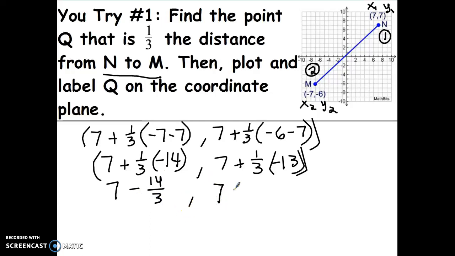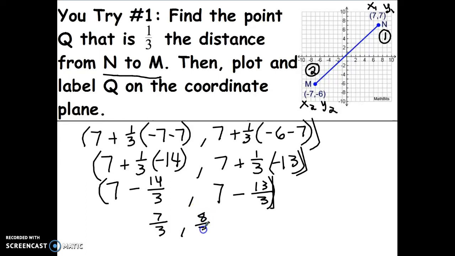And over here, we got 1/3, delete that. 1/3 times -13. And that leaves us with -13 over 3. Oh, that's the ugly parentheses. I'm sorry. All right, so now 7 minus 14 over 3. 7 over 3. And then 7 minus 13 over 3.